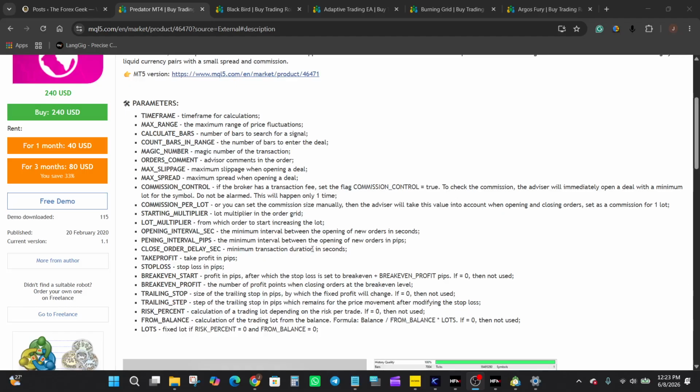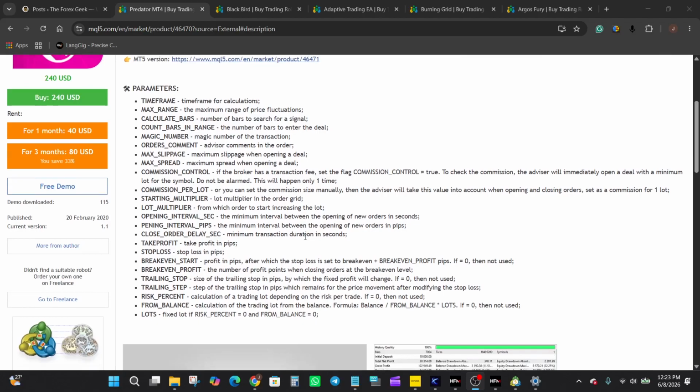On the risk and trade management side, there are settings like take profit, stop loss, break even logic, and trailing stop functionality. I also notice grid related parameters such as lot multipliers and other scaling controls, which suggests the EA can adjust position sizing as trades progress.